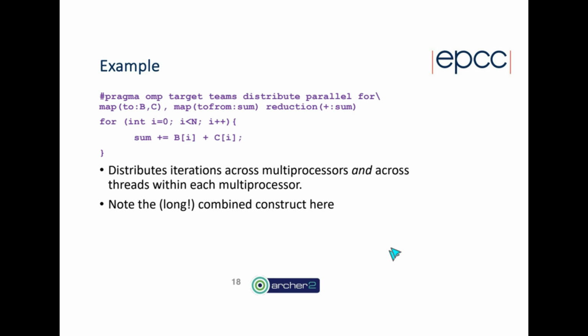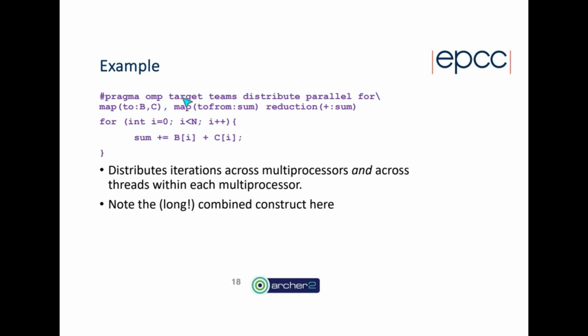And you can combine all these directives onto a single line. So in order to do anything really useful with this example, you actually need this slightly silly looking long directive. Okay, so it says omp target teams distribute parallel for.